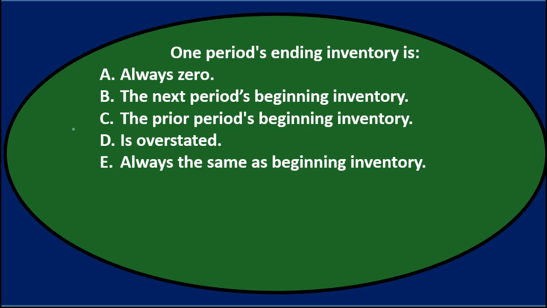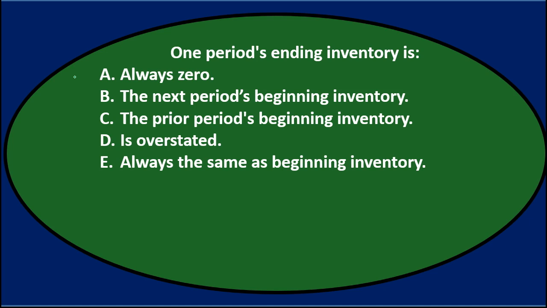Next question. One period's ending inventory is A, always 0, B, the next period's beginning inventory, C, the prior period's beginning inventory, D, is overstated, E, always the same as beginning inventory. Once again, reading through this, we'll use process of elimination. See if we can see which of these we can get rid of.